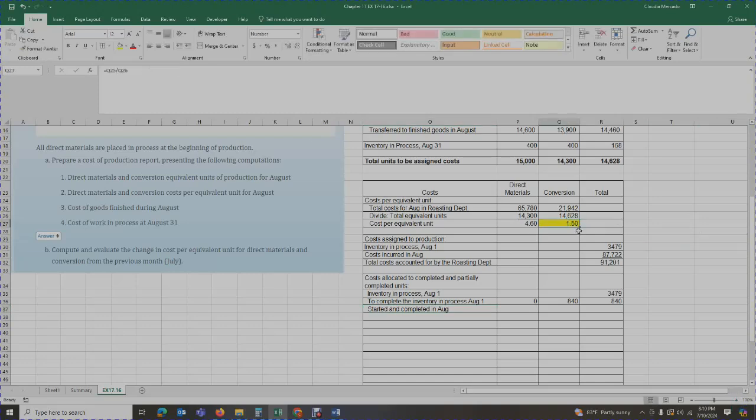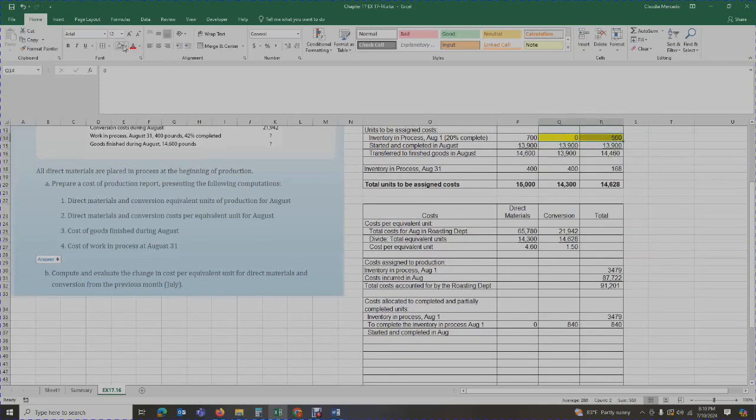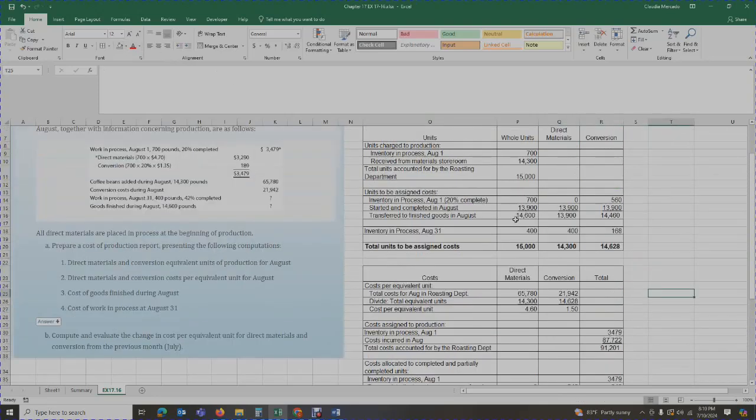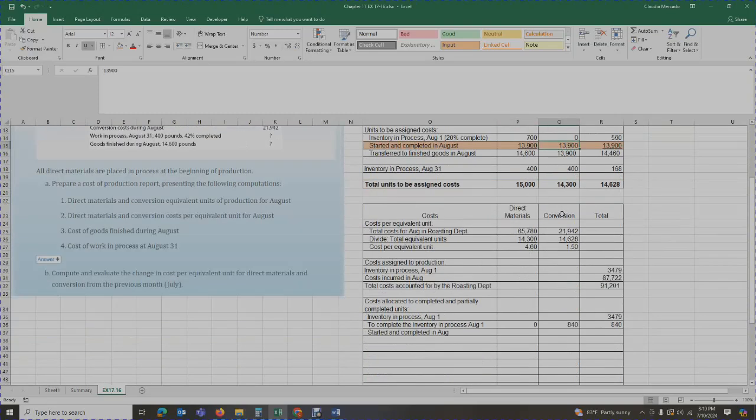Now let me unhighlight this because now we're going to change the information. For started and completed, we're going to look at this section right here of your report from the top. Started and completed in August. For direct materials, we have 13,900.